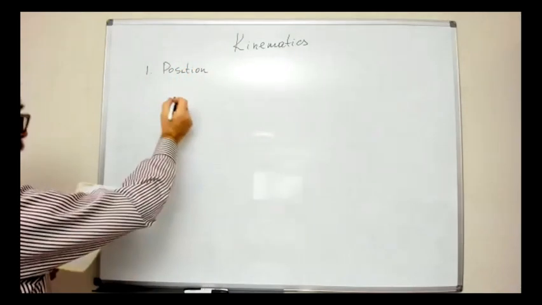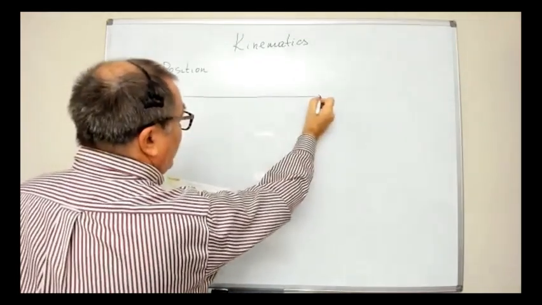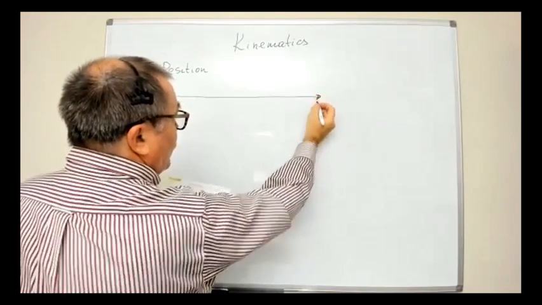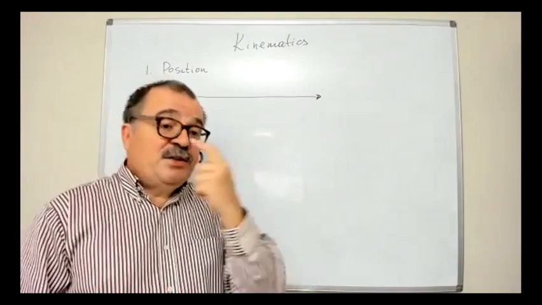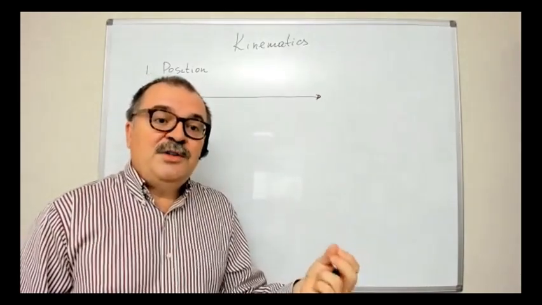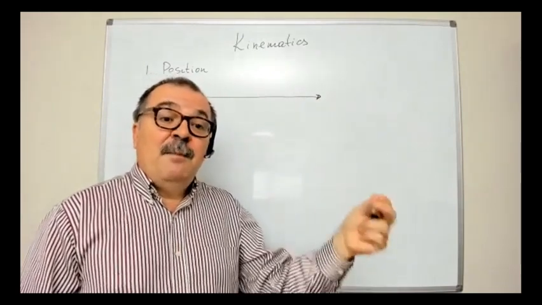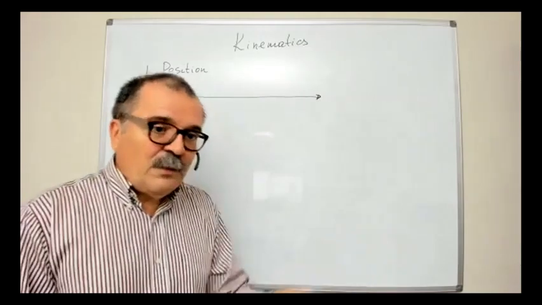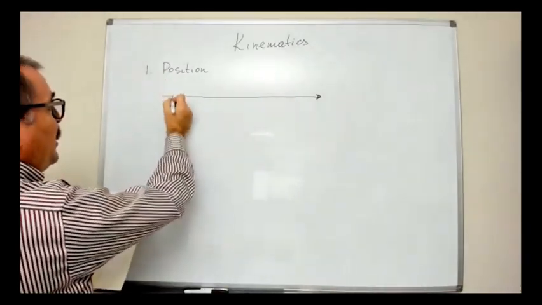So since we're talking about one-dimensional motion, let me draw the reference frame, right? So this is my coordinate system. In order to mathematically describe the position, we have to introduce a coordinate system or reference frame with respect to which we're going to measure the position, let's say using a ruler, right? So any reference frame has an origin.